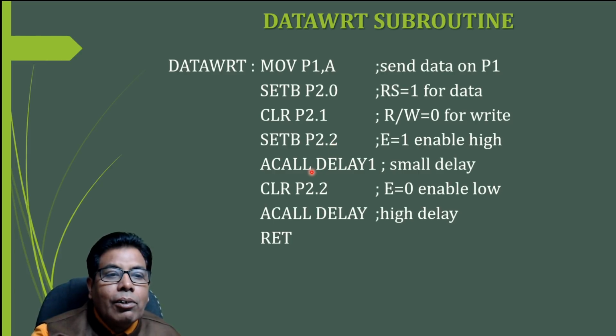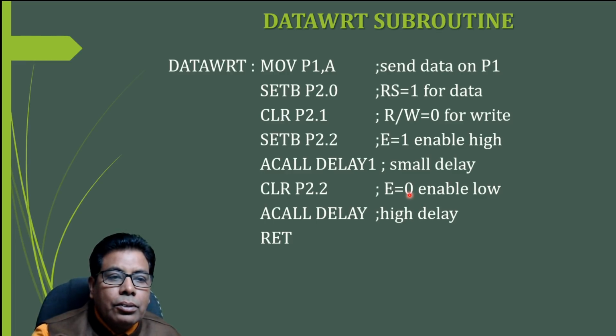Then we'll call a small delay, that is for the 1 millisecond delay, and then we clear the enable pin, we make it low. So clear P2.2 will clear the enable pin, it will make it 0. So the enable pin we have made high and then low.